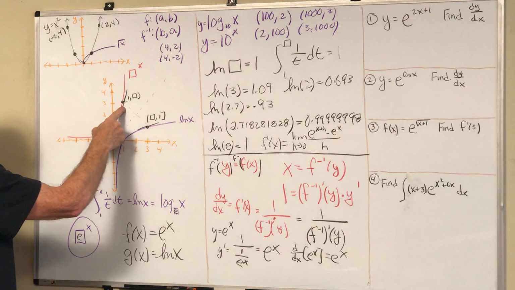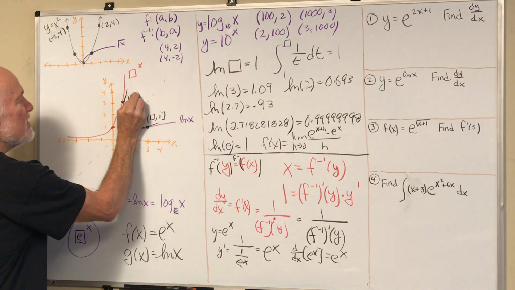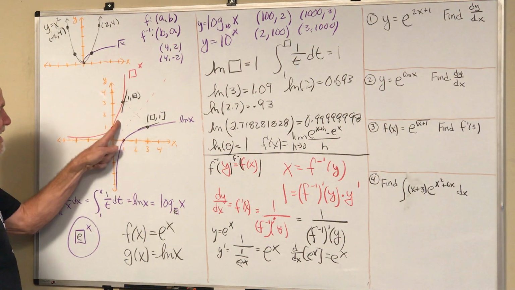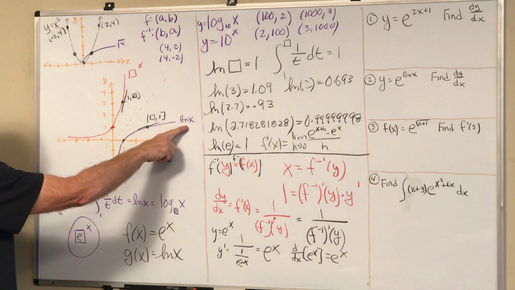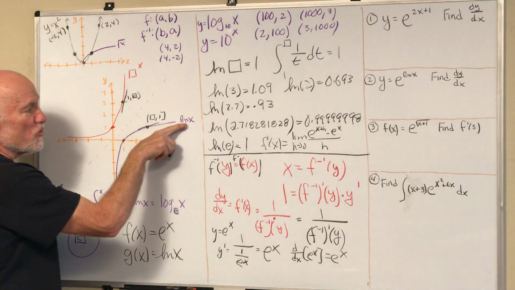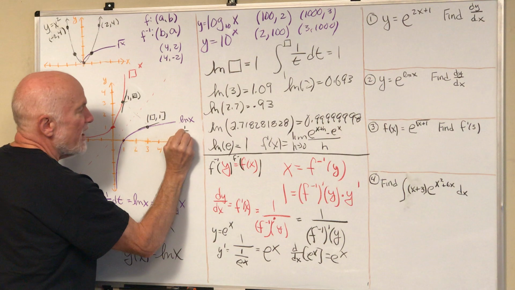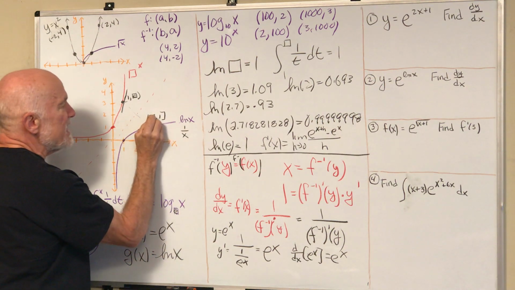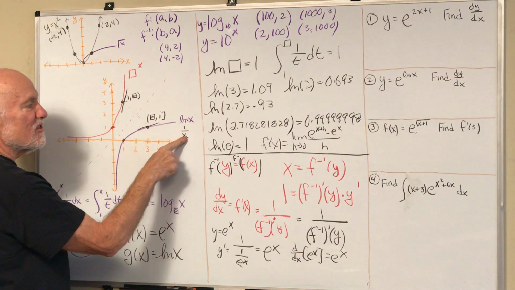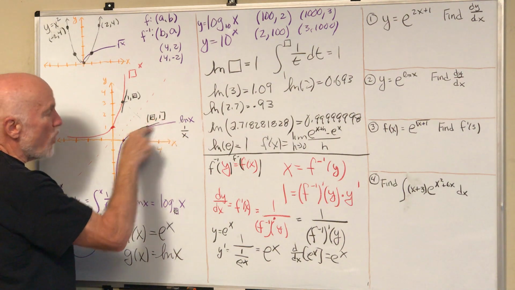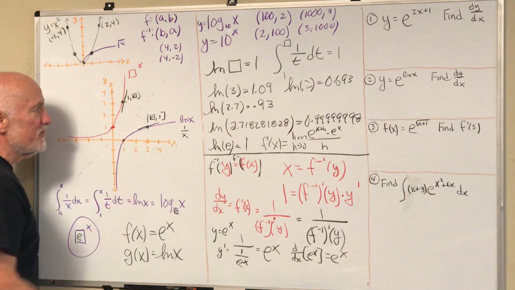So right here, when the y value is e, the slope is e. And we can kind of show what's the derivative of the natural log of x? It's 1 over x. So at the point e comma 1, the slope is going to be 1 over e. It's the reciprocal of e.